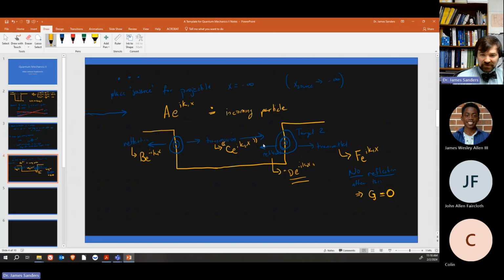Now, about these two that are in quotes. Why in quotes? Because they're not properly describing the transmission and the reflection in and of themselves. And the reason for that is this. I could transmit from here, hit here and reflect, hit here and re-reflect, and I don't have any new terms to use.